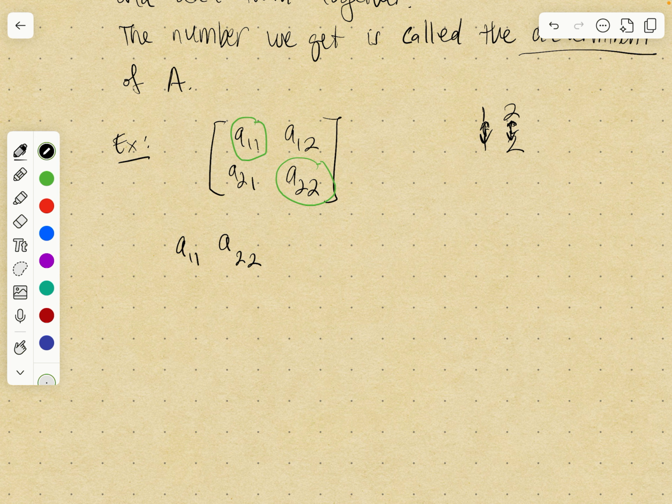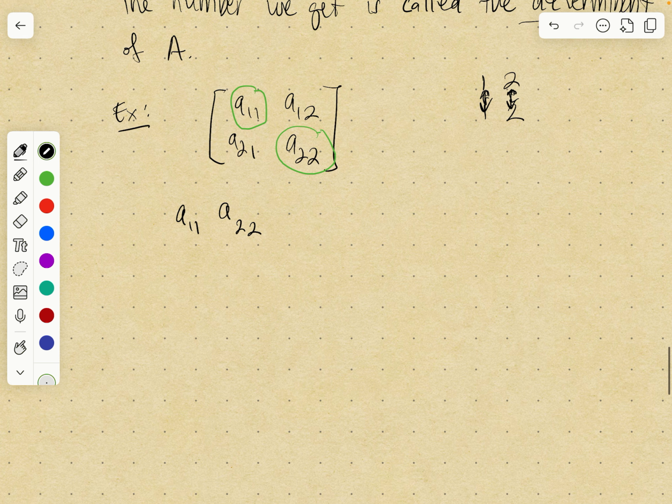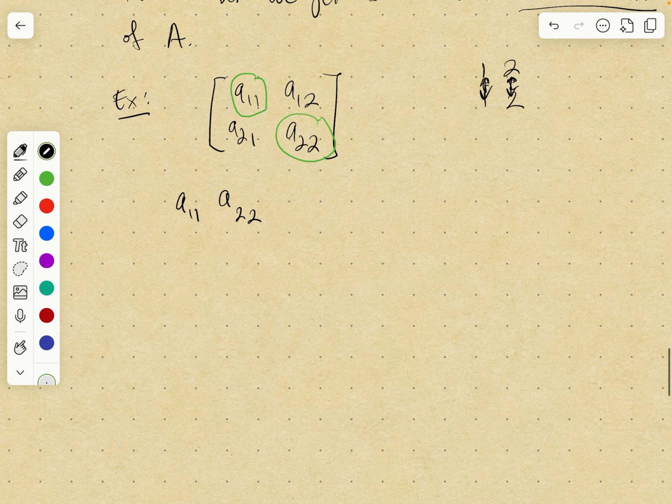Because if you look at the number 1, there's no number after it that's less than 1, and for the number 2, there's no number after it at all, and so the total number of inversions is 0, and 0 is an even number, and so this is an even permutation, and so you put a plus sign in front of it.